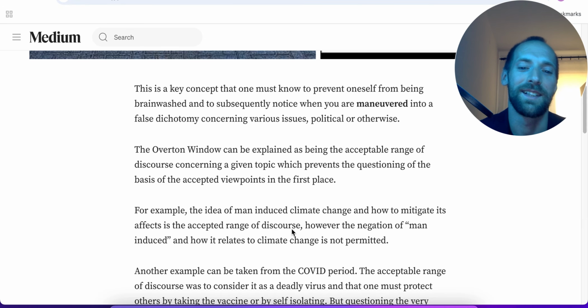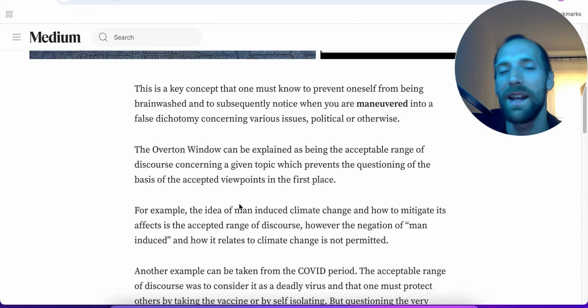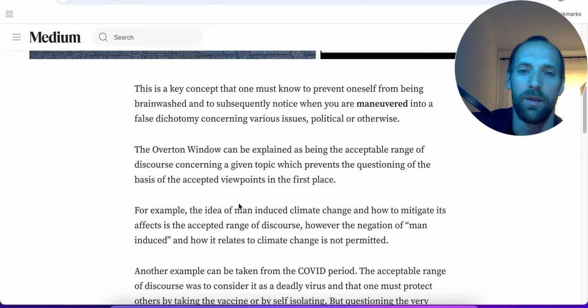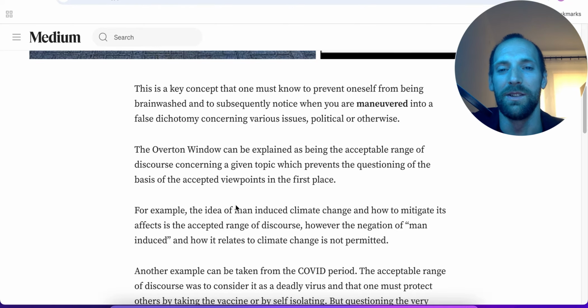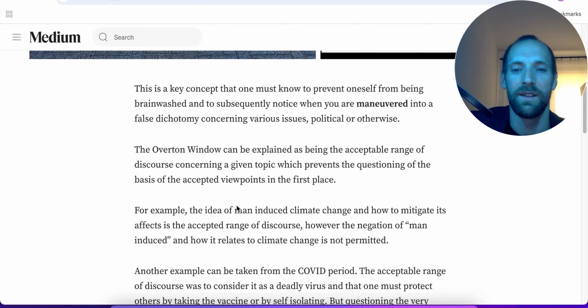And over time, this creates mind control, because the original proposition, man-induced climate change, is not allowed to be questioned. So this is just one example, but you can apply this to any topic, really, to any form of discourse, to any range of discourse.